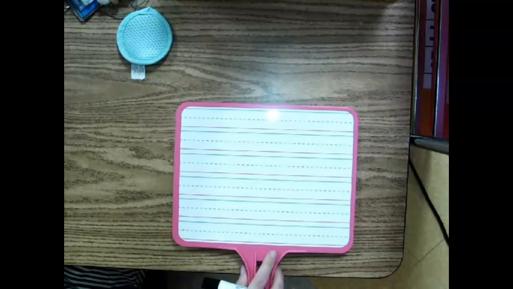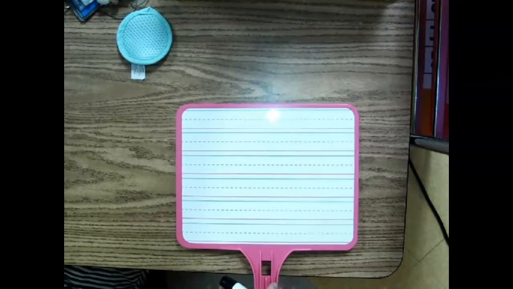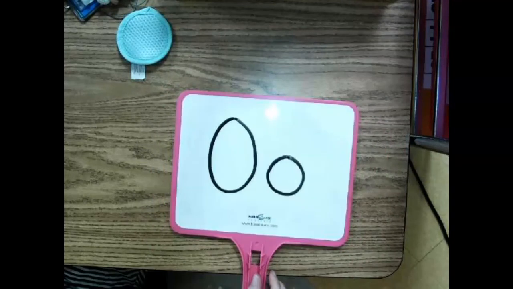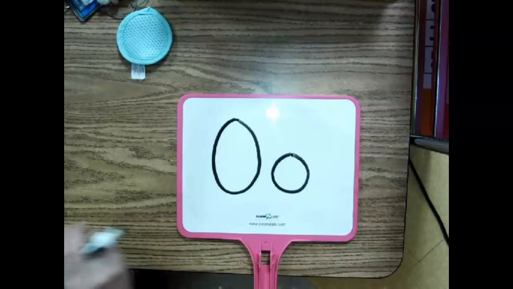You ready to check it? All right, here we go. 1, 2, 3. What letter? O. Say it with me. O says ah, and O says oh. Nice job, friends.